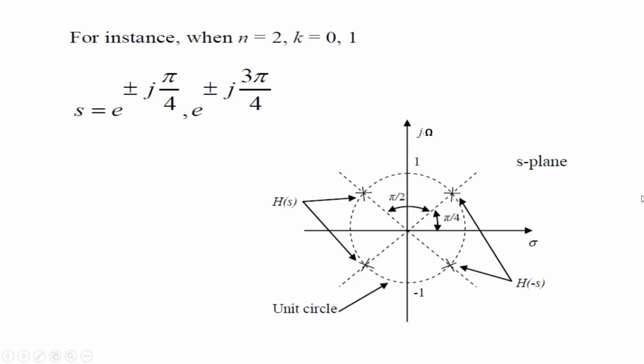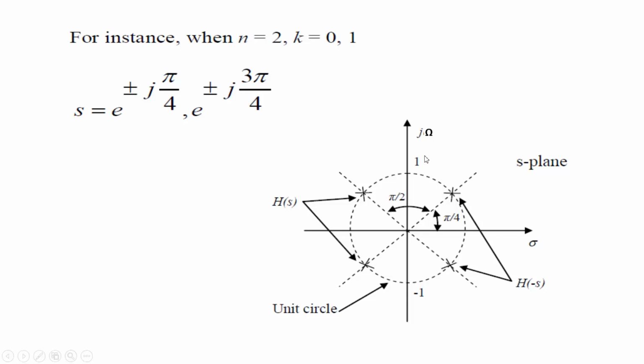Because it is pi by 4, this pi by 4 pole is this one, minus pi by 4 is this one, 3 pi by 4 is this one, and minus 3 pi by 4 is this one. So these two poles will lie on the H(s) side, and these two poles will lie on the H(-s) side. Therefore, in total, there will be 4 poles when n is equal to 2. That means n is even.